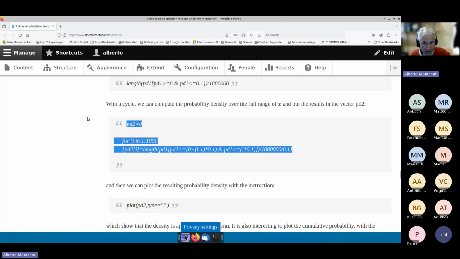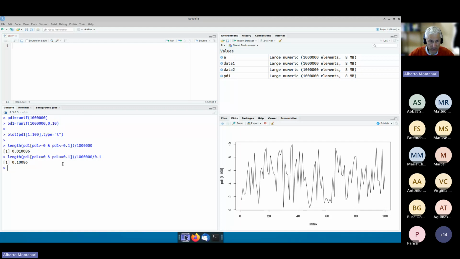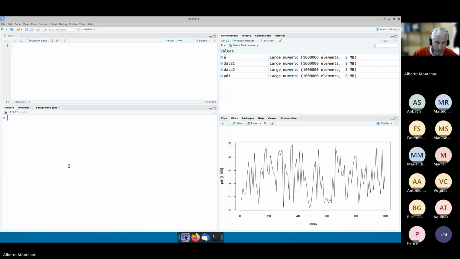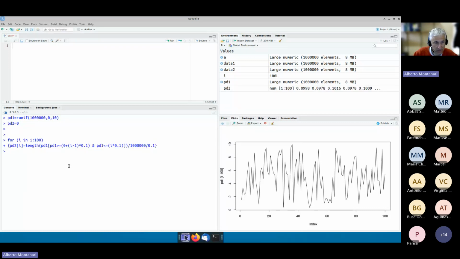Okay, let's copy, let's paste. Let me clear the console. Let me just remind you the generation, and then I can make this computation. Okay, and that's it. We did it.